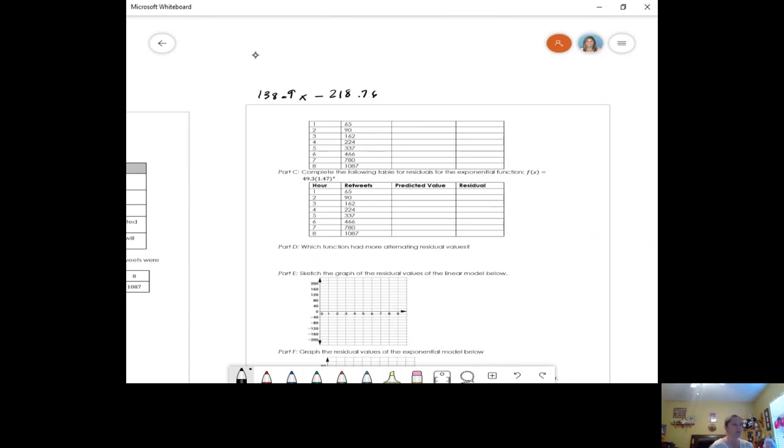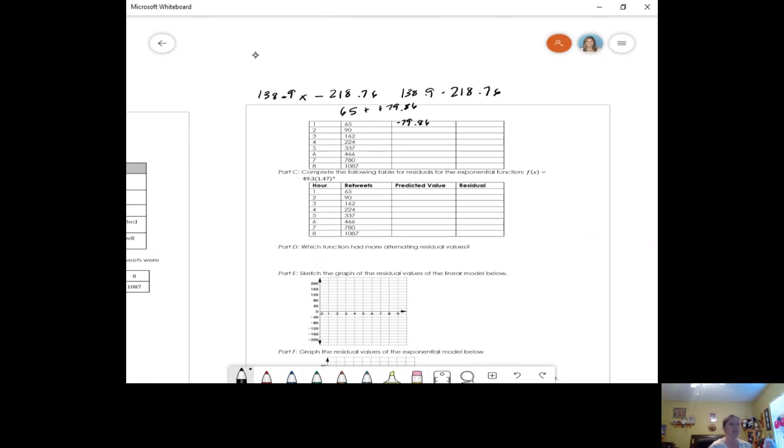If we substitute in the 1, we get basically 138.9 minus 218.76, so that would end up with negative 79.86. Then we subtract the 65, so actually we would be adding, because if it was a double negative, we would be adding.